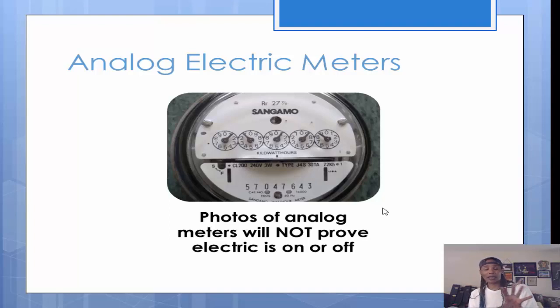This has an analog meter, and if you can see it moving, make notes to say you've seen the dial moving. If you couldn't, make notes saying you couldn't. But you also want to provide other photographic evidence to prove your electric is on or off, if it has an analog meter.